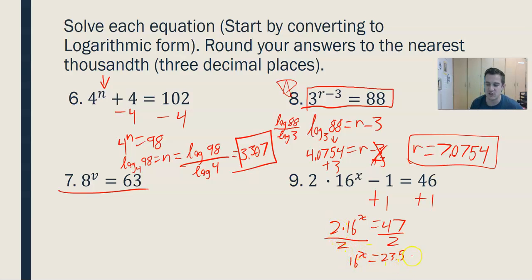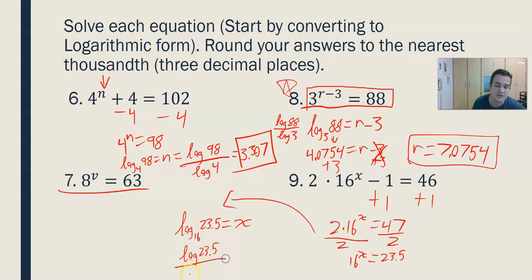So I'm going to change this to a logarithm. I'm going to use this base over here. So this is log base 16 of 23.5 is equal to x. And how do I type that in my calculator? Log of 23.5 divided by log of 16.